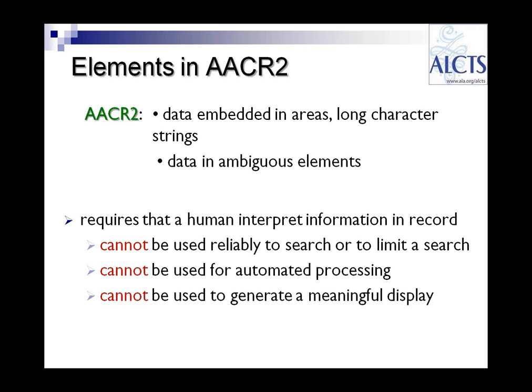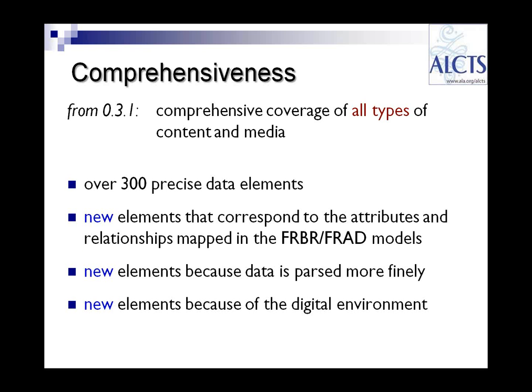But if you have ambiguous data or data that's embedded in long character strings, it's data that can't be used reliably to search or to limit a search. It can't be used for automated processing, and it can't be used to generate a meaningful display for users.